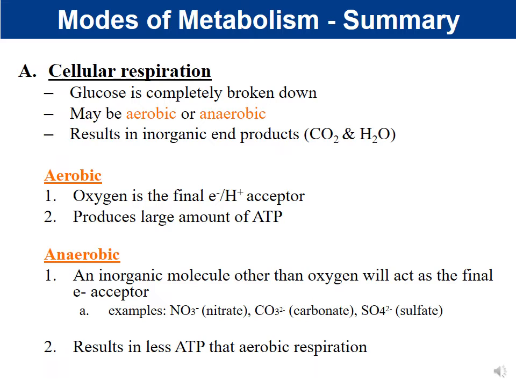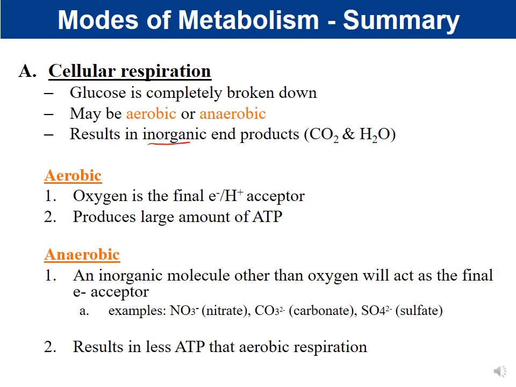So again, this slide is just comparing different types of respiration. And so when we're looking at cellular respiration, again, glucose is completely broken down. And when glucose is broken down completely, it results in inorganic end products, meaning we're going to get carbon dioxide and water. Now, respiration may be aerobic or anaerobic.